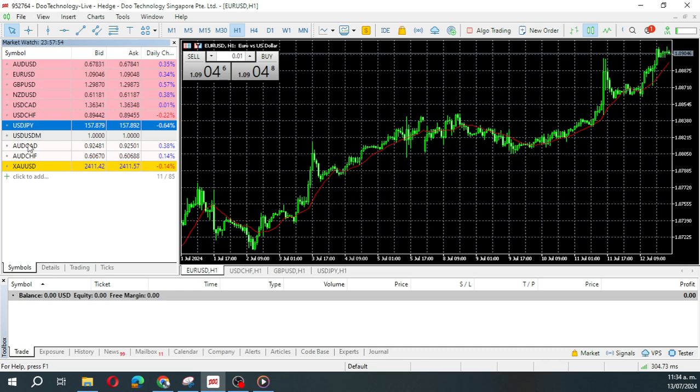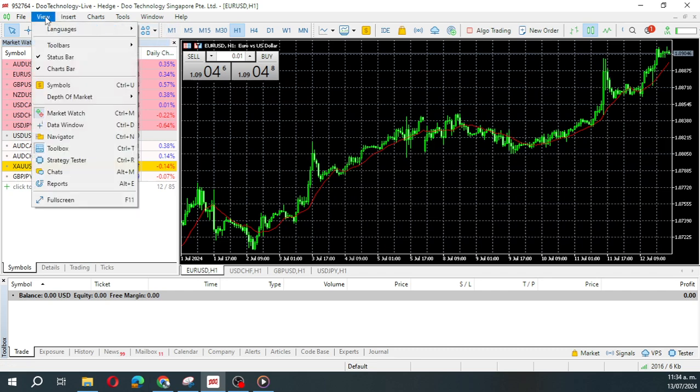I want to add also GBP JPY. Okay, with these three pairs and Euro USD, I think we are going to be more confident in order to do it.